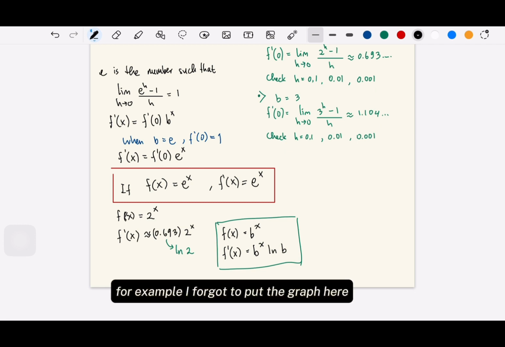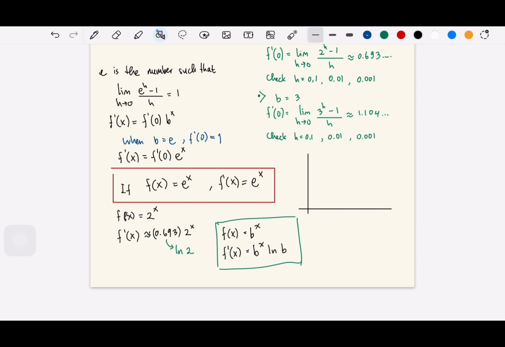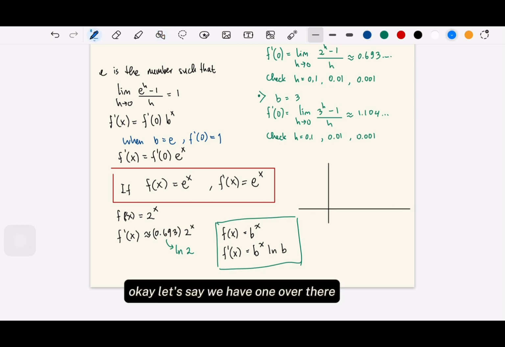For example, I forgot to put the graph here, but let me just draw for you. Okay, let's say we have 1 over there. Oh, maybe not. Maybe here.